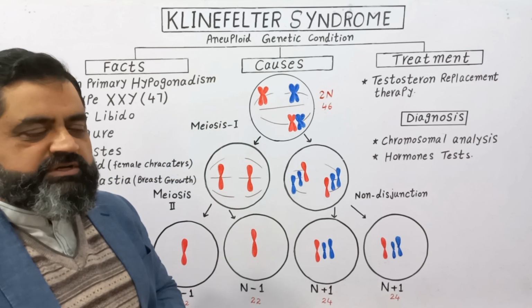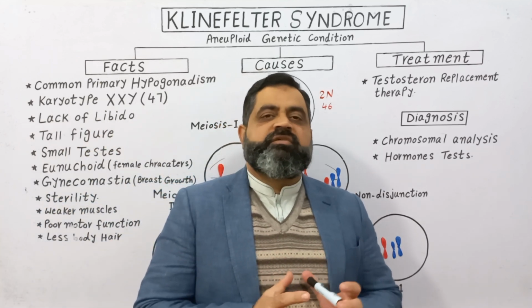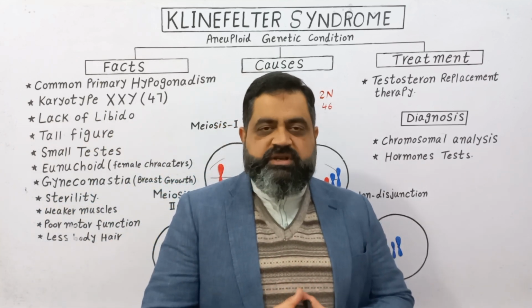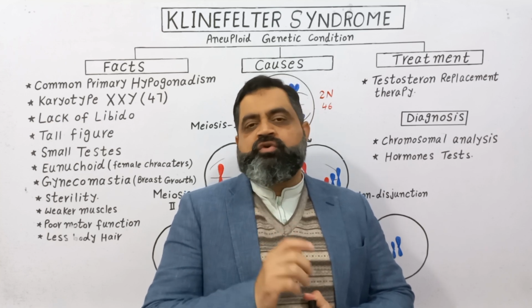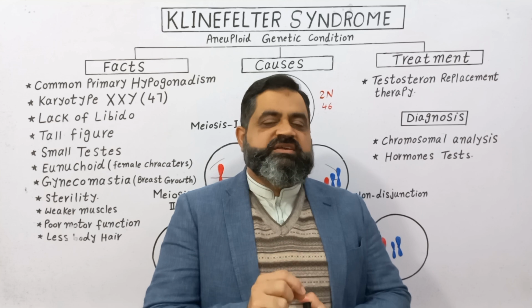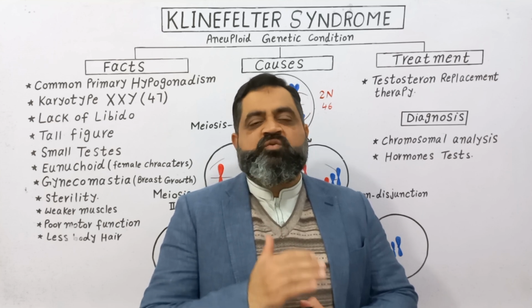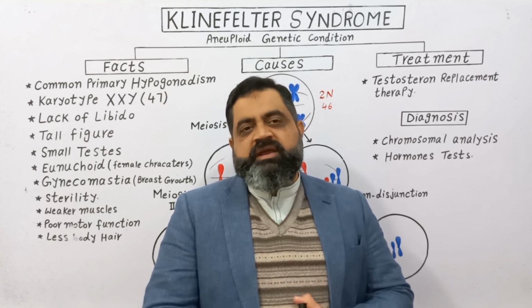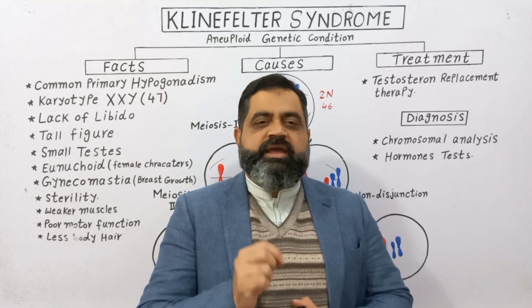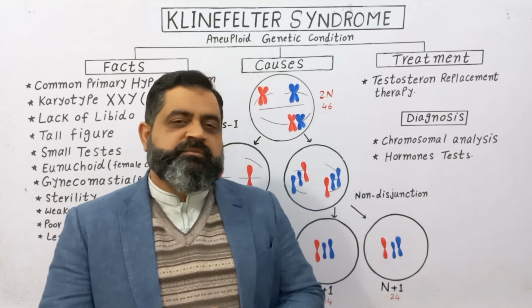These abnormal gametes, if fertilized with normal gametes, like a sperm containing 24 chromosomes fertilizing a normal egg containing 23 chromosomes, will result in 47 chromosomes, and the zygote and embryo will contain an extra chromosome in the body.